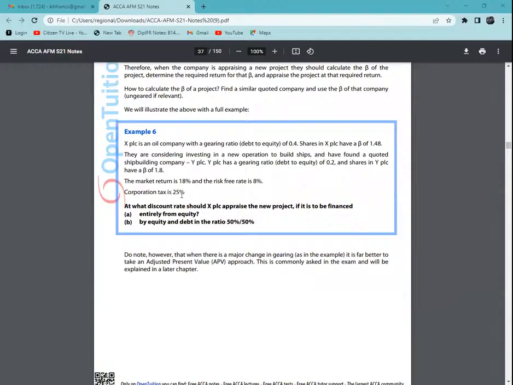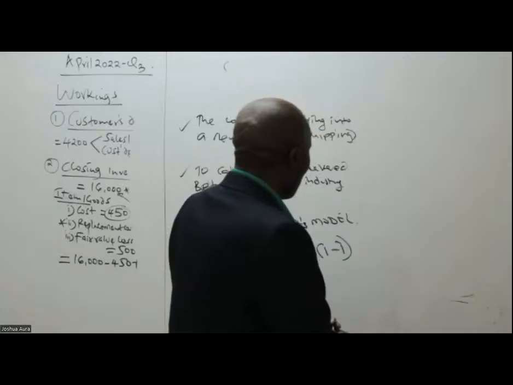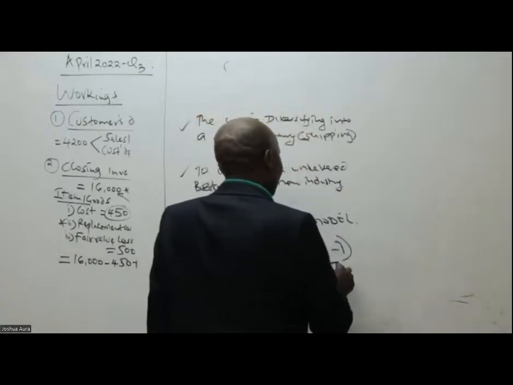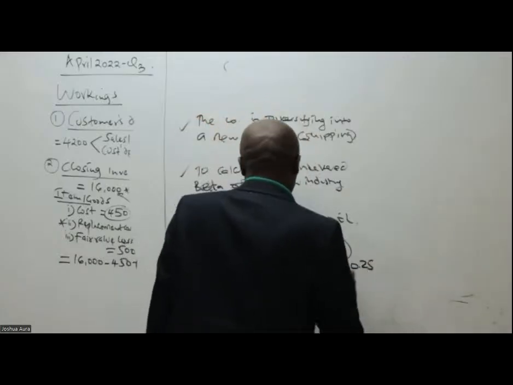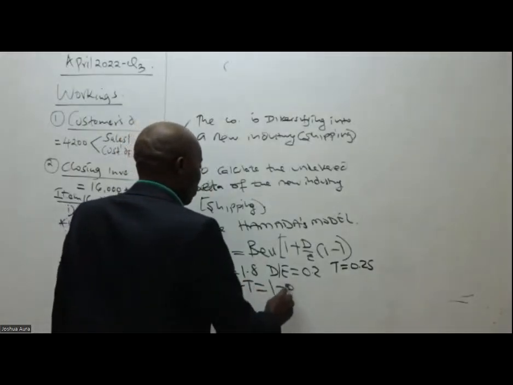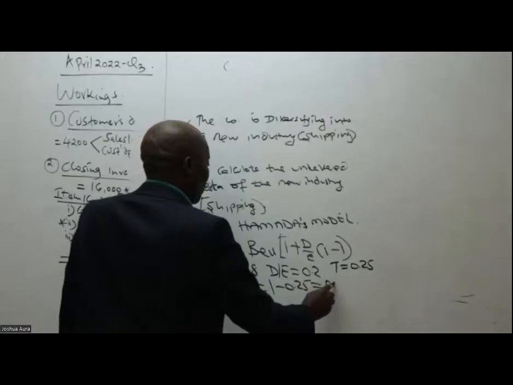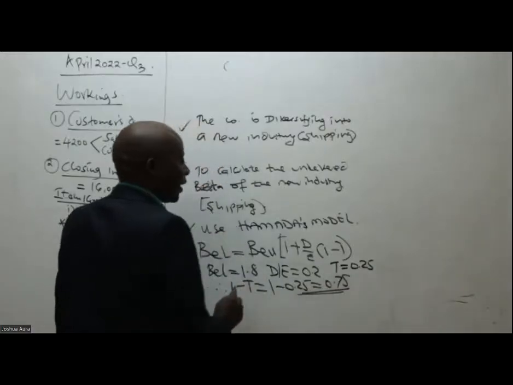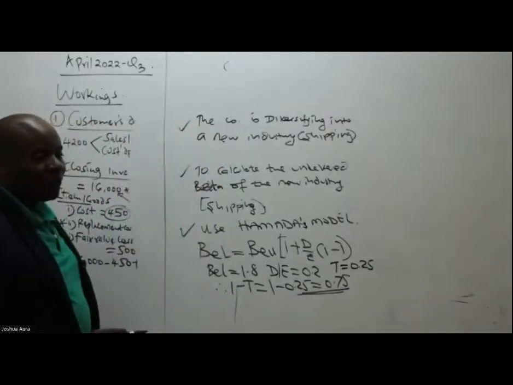And then the other thing they have done so nicely is to give me the risk-free. Somebody is wrong, it's not risk-free, but the tax is 0.25. So tax is 0.25, and therefore 1 minus tax will be 1 minus 0.25, which will be 0.75.